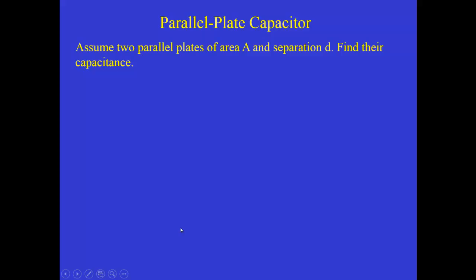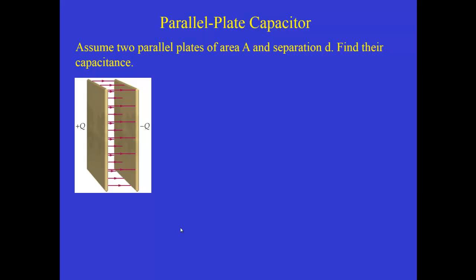So let's do an example. The classic case is a parallel plate capacitor, as I already mentioned. So let's assume two parallel plates that have an area A and a separation distance D. Find the capacitance. So our schematic here shows that we've already assumed a positive charge Q on the left plate, negative charge Q on the right plate, and that means that the field lines in between the plates will go from left to right.